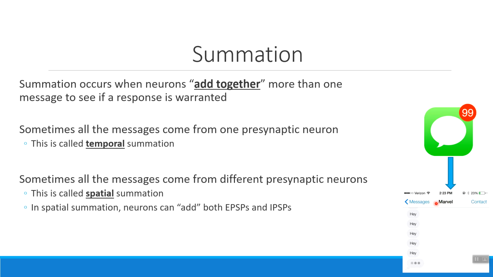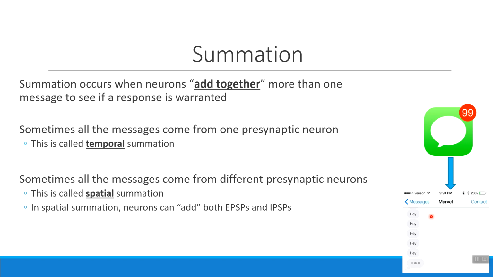Now, if any person besides Captain Marvel was texting me, hey, hey, hey, hey, 99 times, they would absolutely be blocked on my phone. But if Captain Marvel wants to text me 99 times to get my attention, I will allow it. Captain Marvel texting me repeatedly is an example of temporal summation. One neuron talking many times, me adding those messages together.